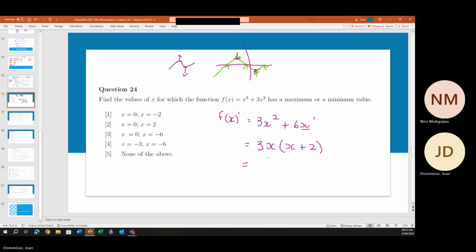So that needs to be equal to 0. So first one, 3x will be equal to 0, and x plus 2 will be equal to 0. So x will be equal to 0.